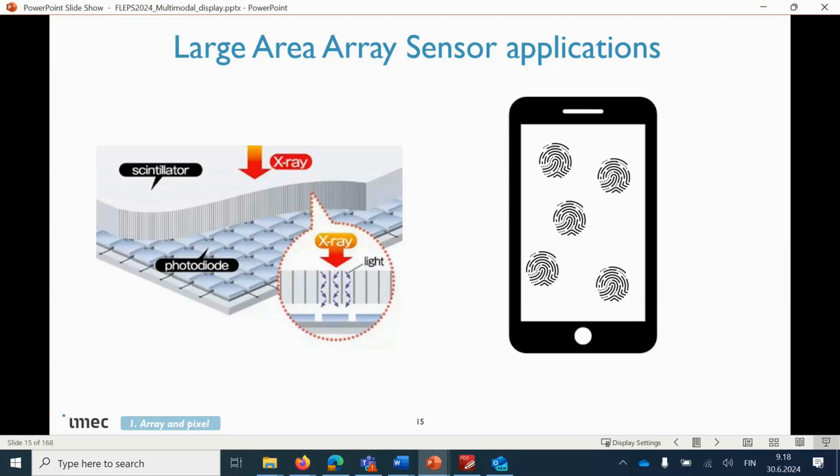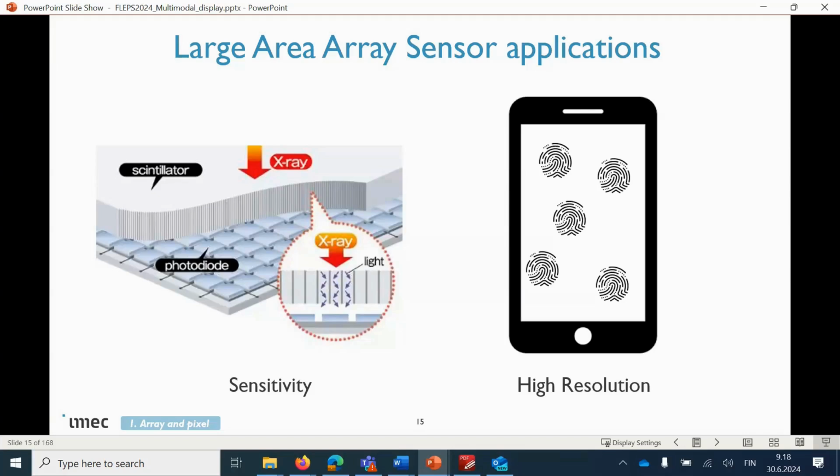Both of them have specifications. Both of them have parameters that you need to take care of in order to make them work. But the main two for these two applications are different. So for the X-ray, the sensitivity is very, very important, because you want to have as little exposure to X-rays as possible to make an X-ray scan for your health.